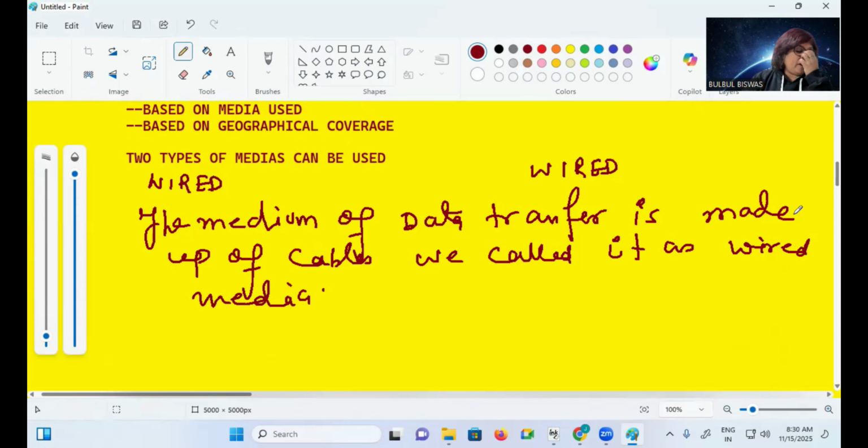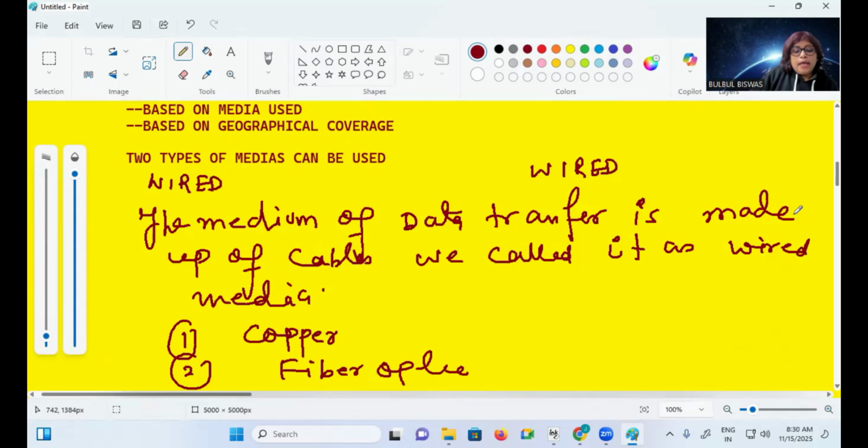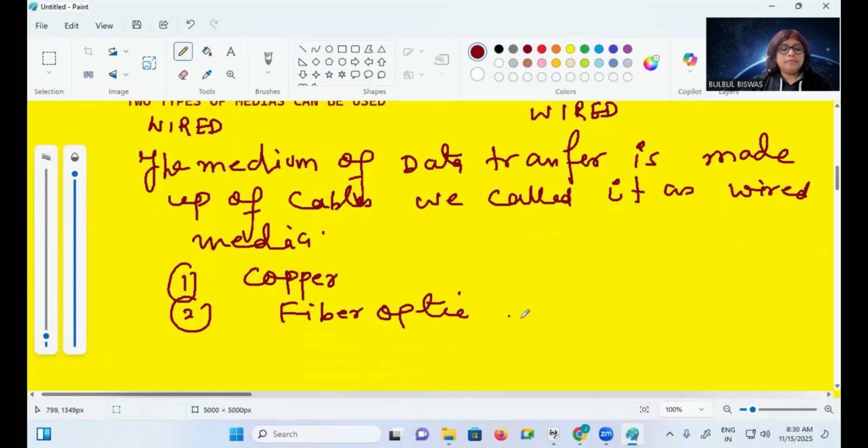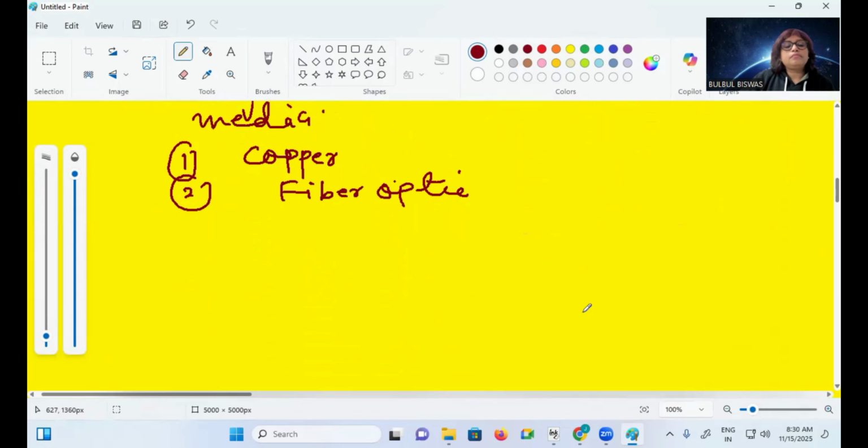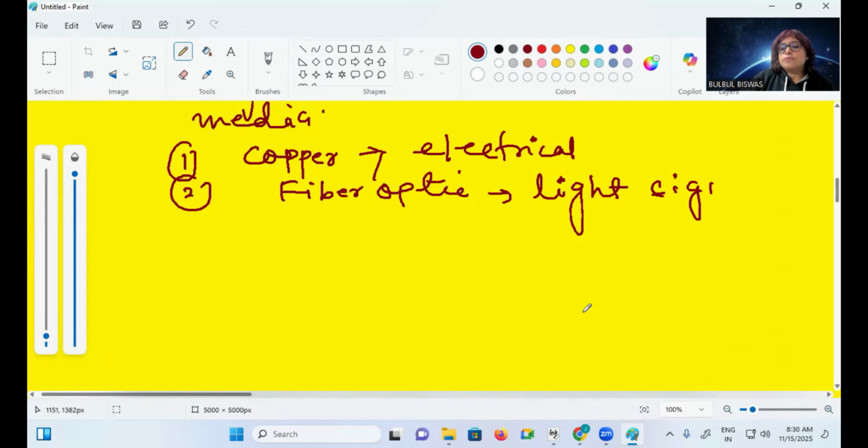While configuring wired media, two types of material are used: one is copper and the other is fiber optic. If the media is copper, then an electrical signal will pass. And if it is fiber optic, then a light signal will pass.